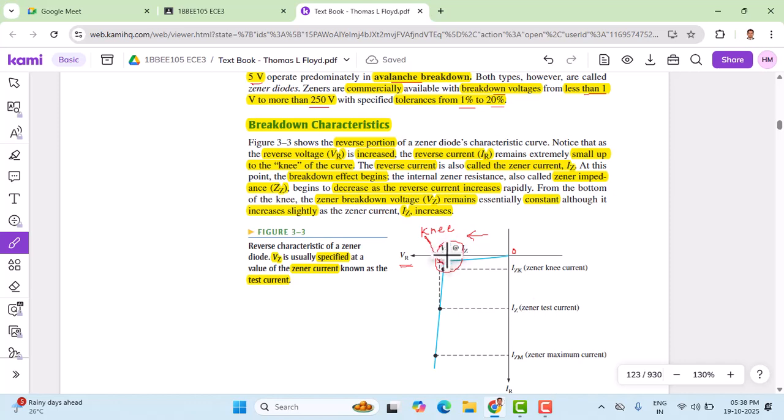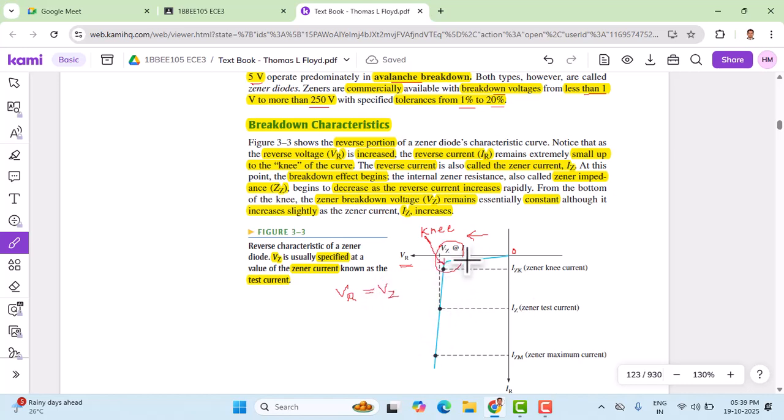Once VR becomes equal to VZ, we reach the knee region and the current starts increasing. The current surges: a small increase in the voltage gives a very large change in the current.